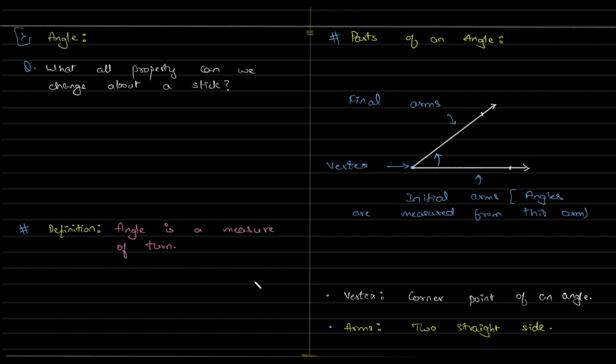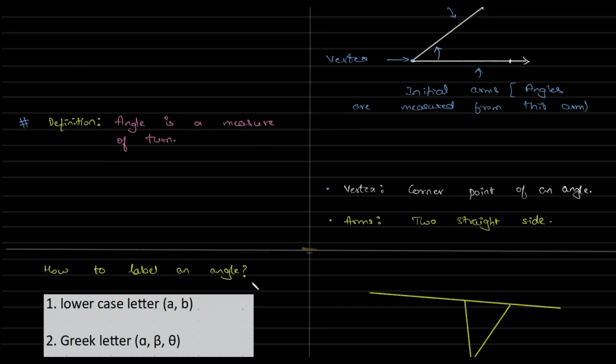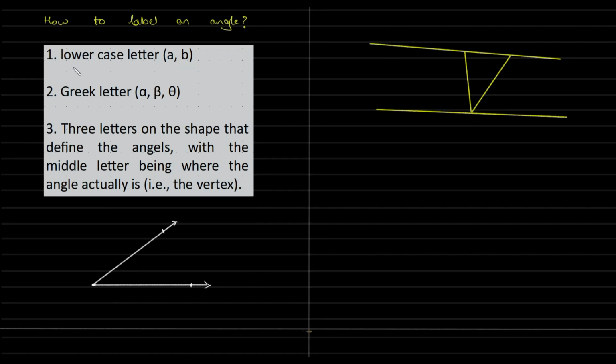So these are the words that we need to know, because it will be easy for a person to communicate to you guys anything about geometry. Next thing and the last thing is how to label an angle. This is very important, because especially for me, I keep varying how I represent an angle. So we can use lower case letters. We actually can use numbers also.